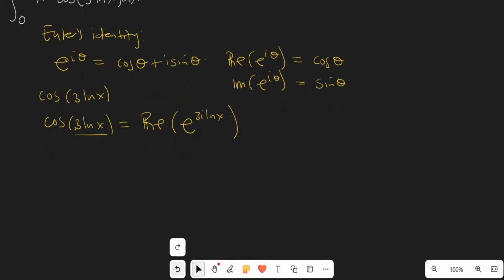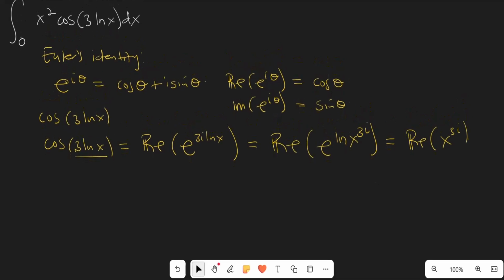And we can use the laws of logarithm. So this becomes the real part of e to the natural logarithm of x raised to the power 3i. And that is just the real part of x to the 3i, because this and this will cancel.